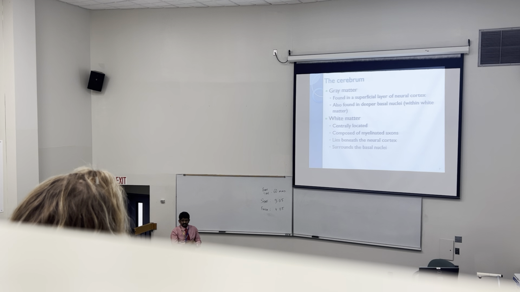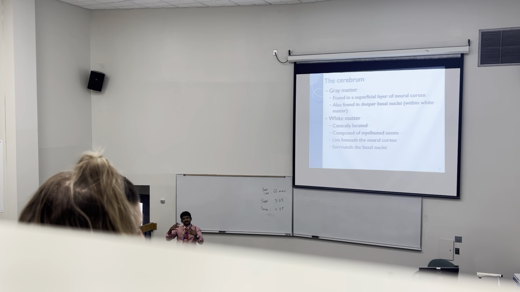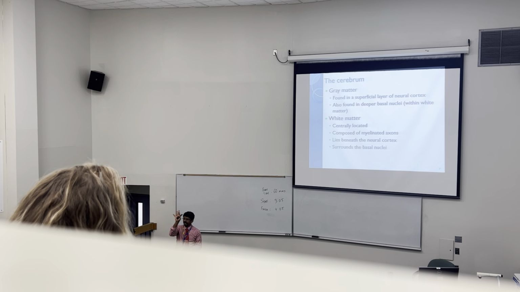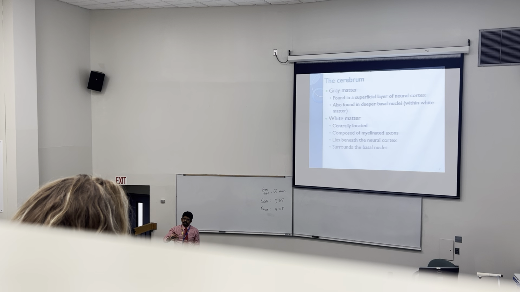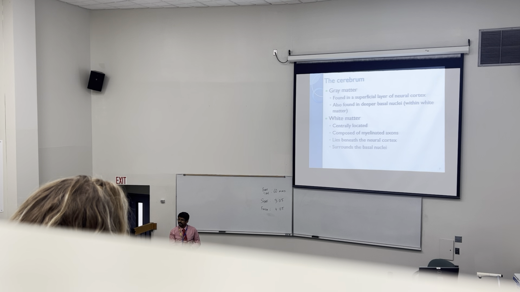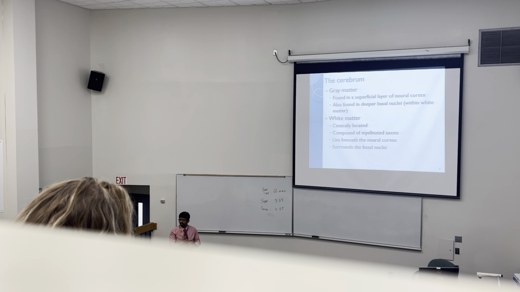But gray matter is superficial. It's also called cerebral cortex. Cortex means outside. So we would say in the brain, the cortical region is gray matter. Okay, what was it like in the spinal cord? Was the gray matter more peripherally located?